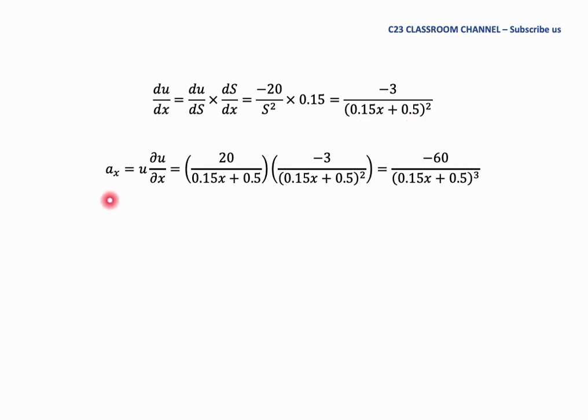So we could calculate the acceleration in the x direction by using the basic equation u ∂u/∂x, by multiplying these two values to get minus 60 over (0.15x plus 0.5) cubed.